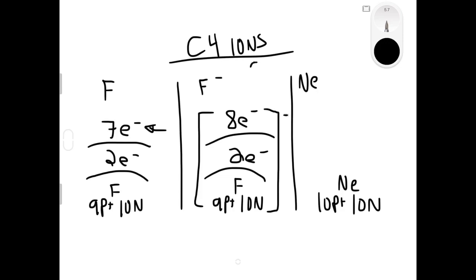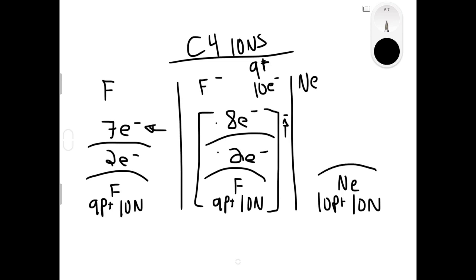If we, again, compare the positives and negatives of this ion, we have 9 positives. And now we take a look, we have 10 negatives. Okay, so if we were to add those up, we have just a single extra negative. So this is a negatively charged ion.